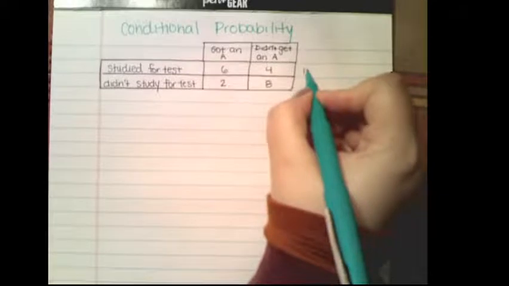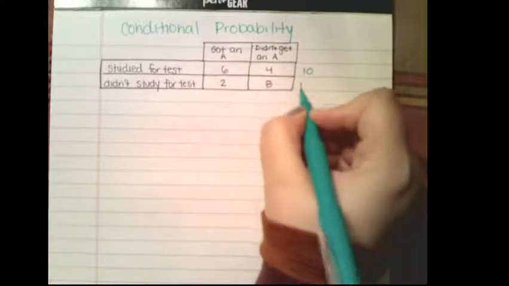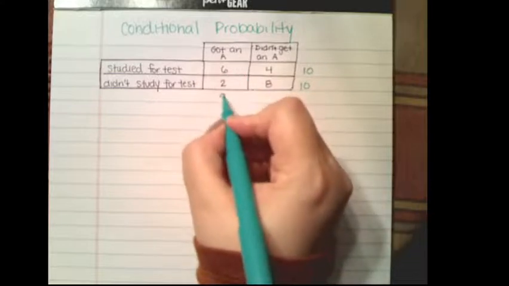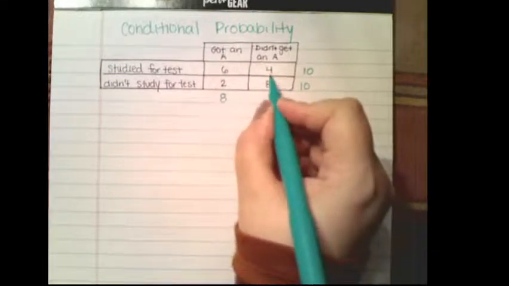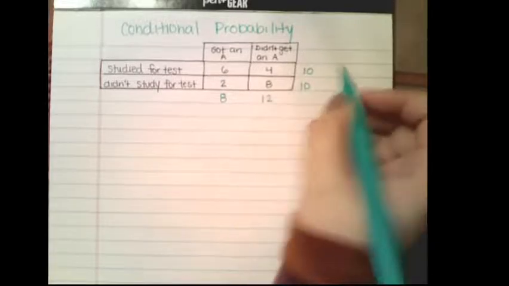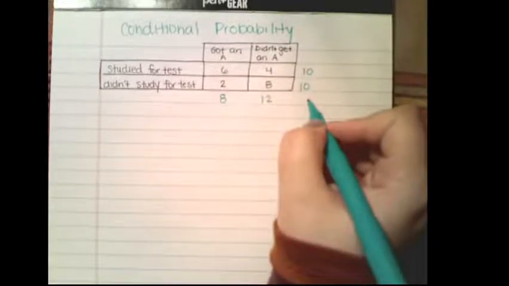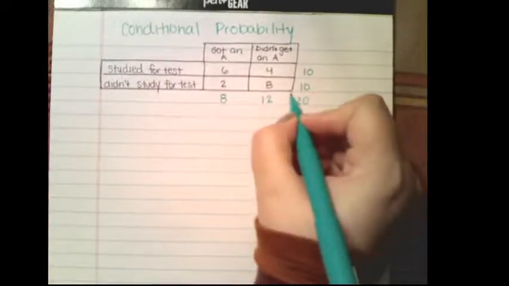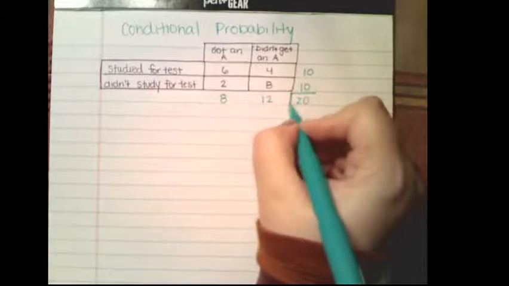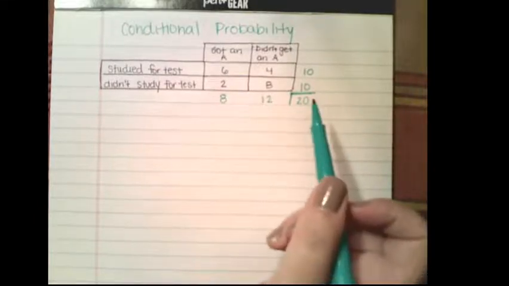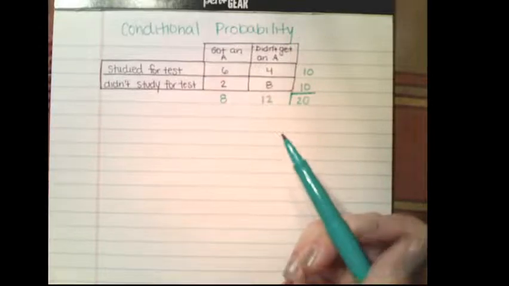So we add up our rows, 6 plus 4, 10, 2 plus 8, 10, and then we add up our columns. 6 plus 2, 8, 8 plus 4, 12, and then if we add this column, we get 20. If we add this row, we get 20. So this tells us that it is out of 20 students that this question was asked.